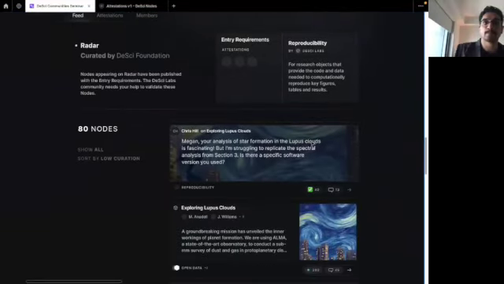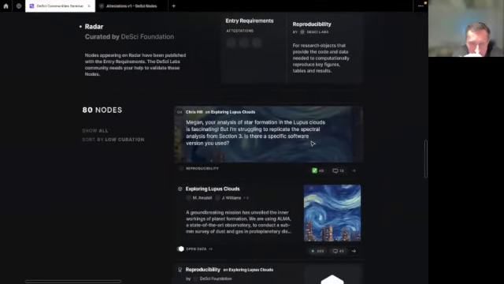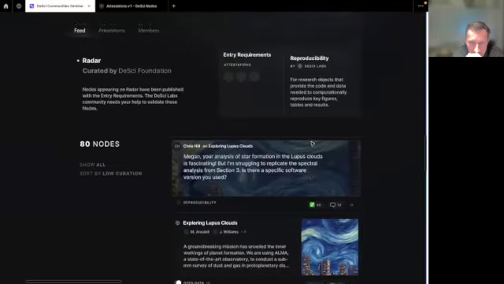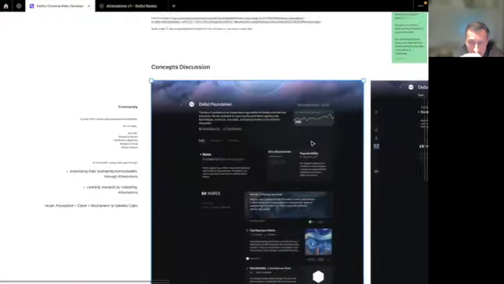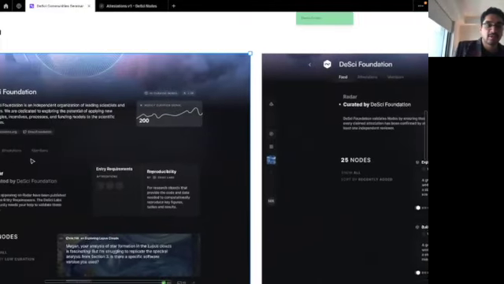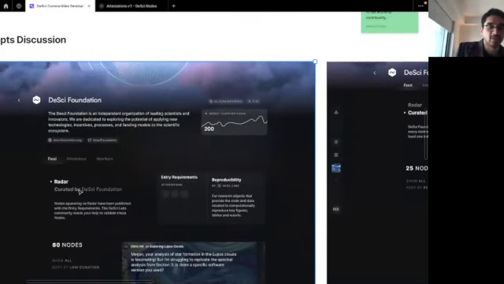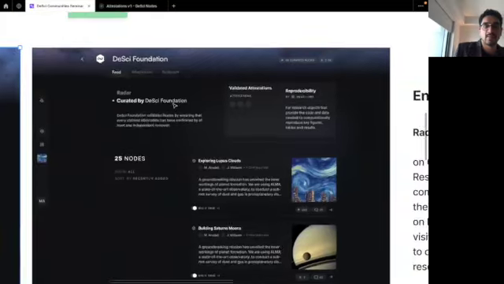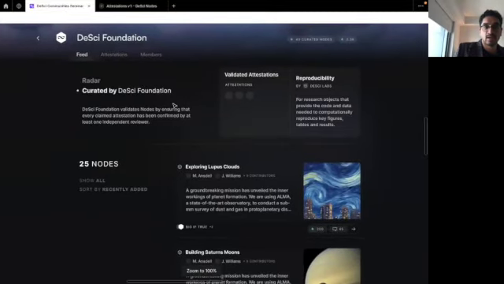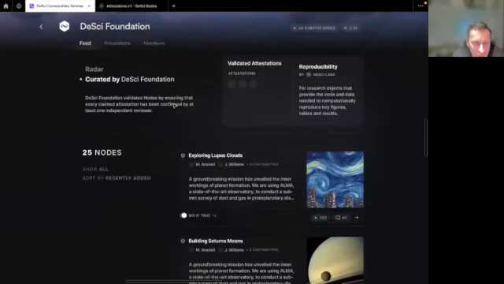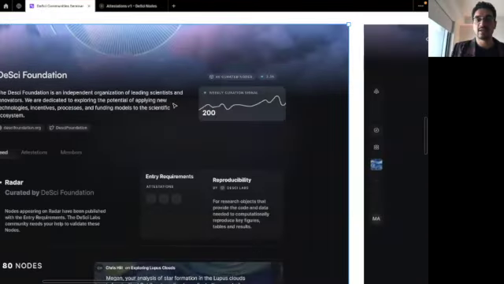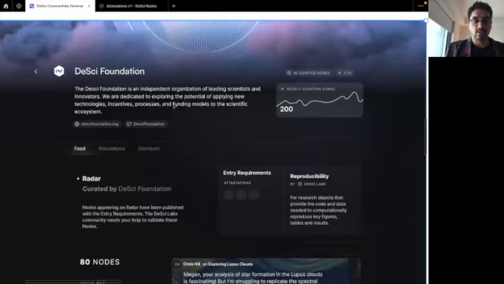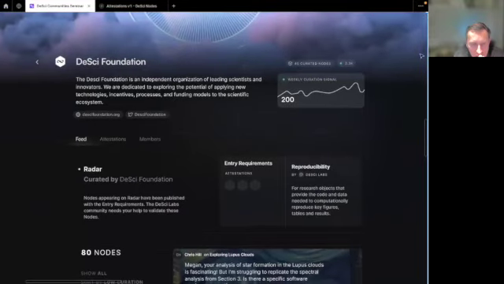That is not the experience that I would expect as somebody who wants to see well curated research. Yeah, that's what the curated by DeSci Foundation tab would be for. So what's the difference? I don't get the difference between this curated view and this landing view. Why am I not landing on the curated view?